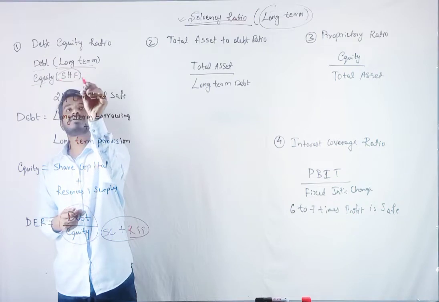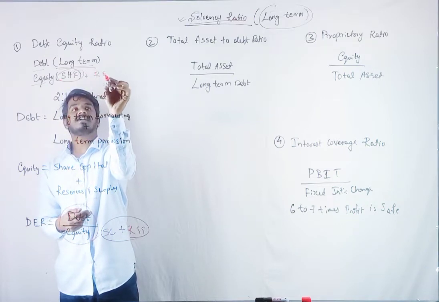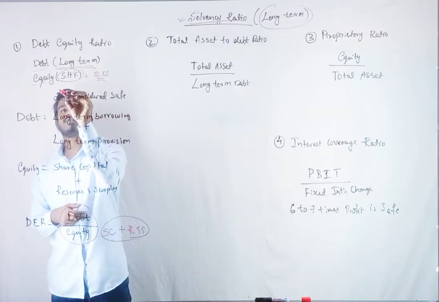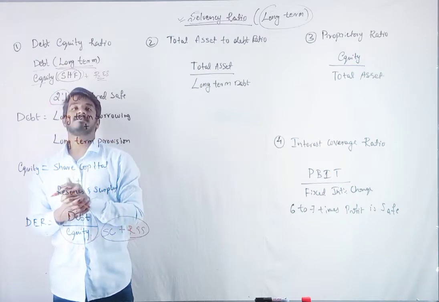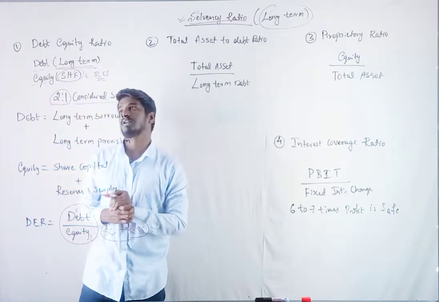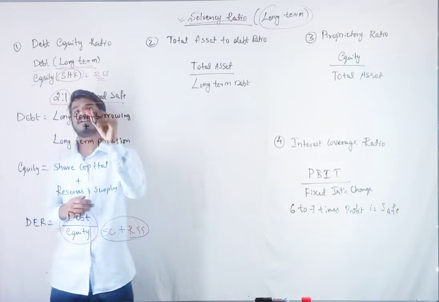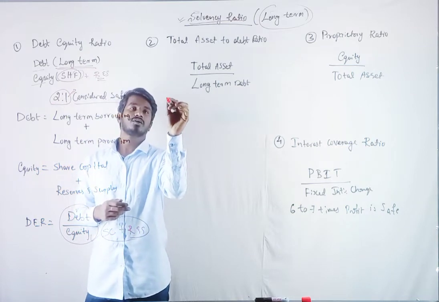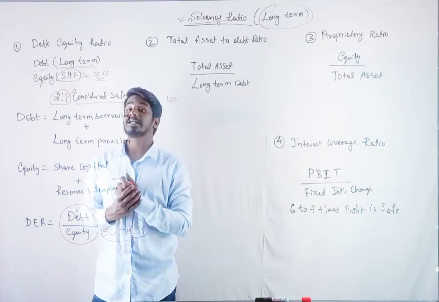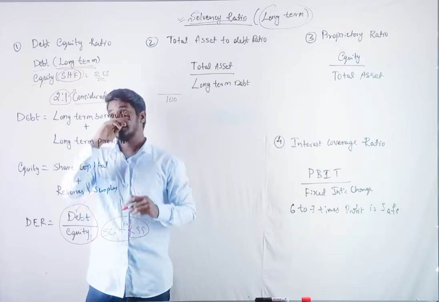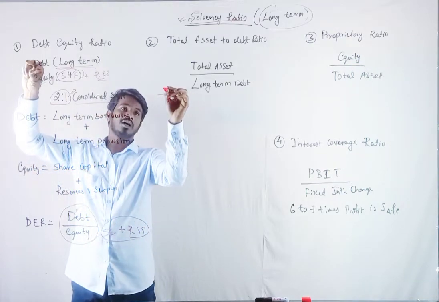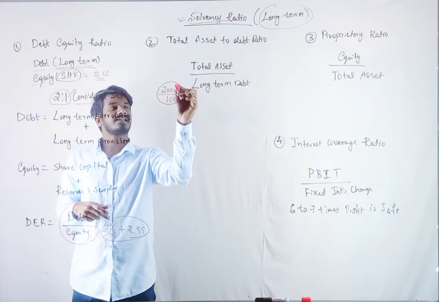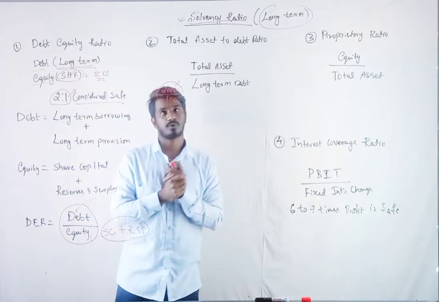If it is 2 is to 1, it is considered the safest ratio. 2 is to 1 means, if the owner invests 100 rupees, and the long term debt is rupees 200, that's completely safe.